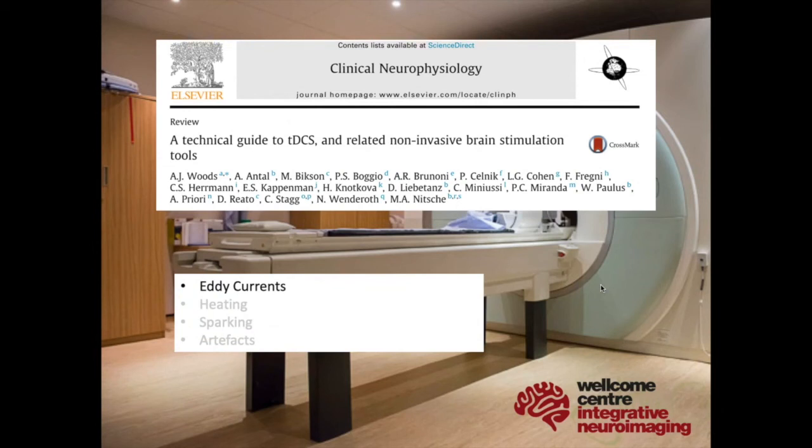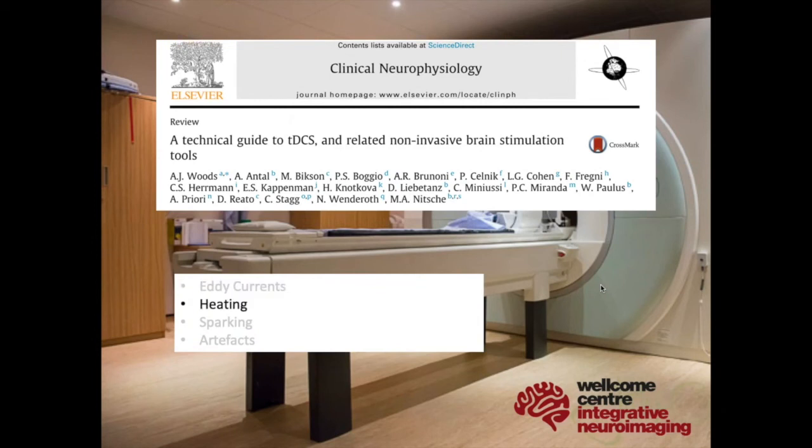All the kits that are available and everything that's been used has to have very high resistors very close to the electrode. That is to prevent any currents picked up in these long bits of copper in the scanner from being passed into the brain. Our kits and Neuroconn kits have 10 kilo ohm resistors in them, and that's to make sure that we don't put current into the brain that we don't know about.